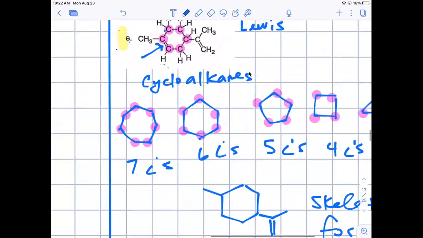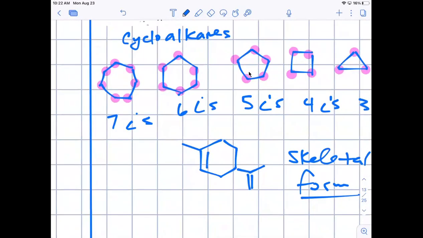So I need to show that down here. Because it has a double bond inside the ring, we call it a cycloalkene instead of alkane. The suffix changes because the double bond is present. We're going to talk about functional groups too, but we'll talk more about that later.